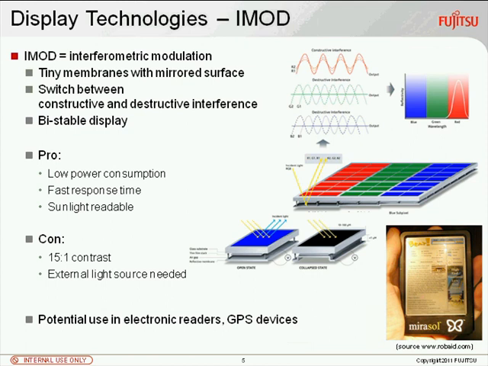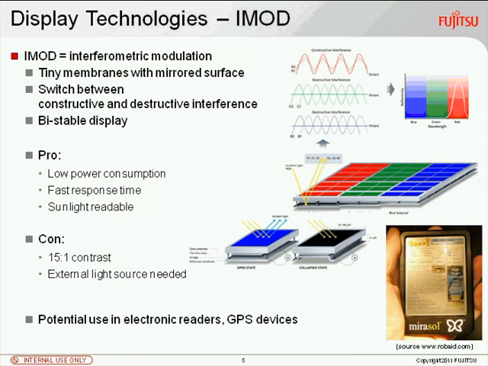This is a quite interesting one, also a bistable, meaning energy-saving technology, called IMOD, I standing for interferometric modulation. This uses small membranes which are mirrored, and this membrane, this one that is here at the top of this arrow now, has a distance to the surface which is only in the range of a micrometer, one millionth of a meter.